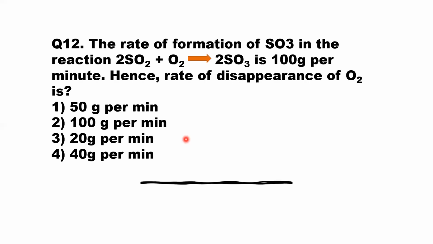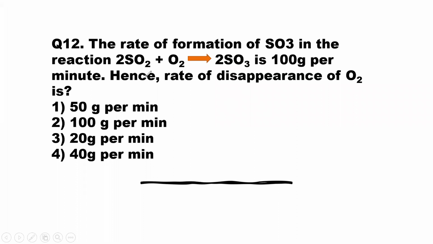Next, the 12th question. The rate of formation of sulfur trioxide in the reaction 2SO2 plus O2 gives 2SO3 is 100 grams per minute. Hence, the rate of disappearance of oxygen is? They are asking the rate of disappearance of oxygen. So for this, we have to write the rate equation. How to write the rate equation for a given reaction?